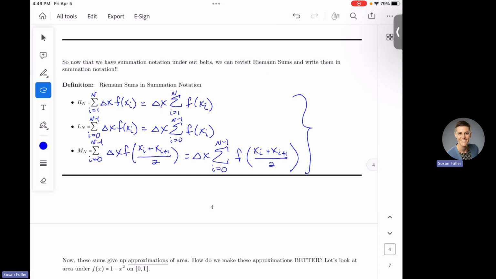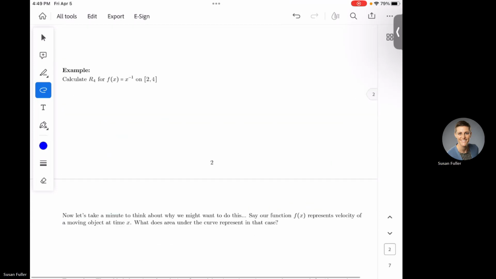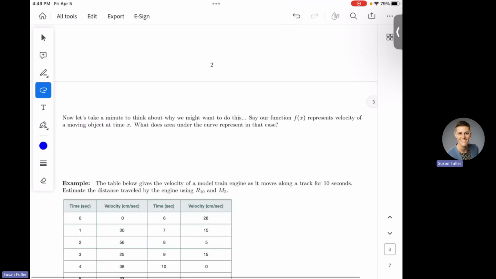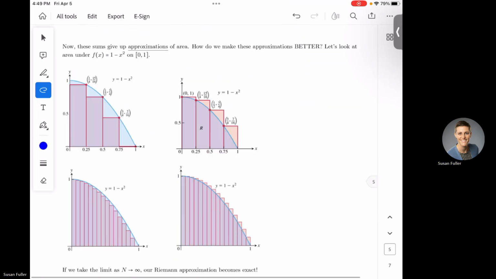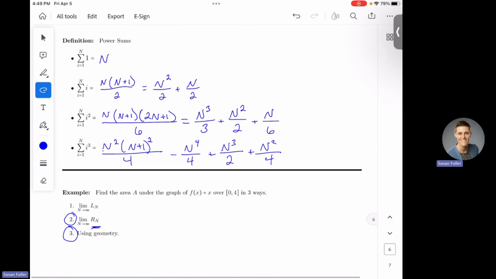These are a nice shorthand form for all of this mess, going back up. The summation notation makes it a little bit easier to write everything out. And we said that if we took the limit as n goes to infinity of our Riemann sum, we would get exact area. And then we mentioned these power sums and practiced a few examples of that.